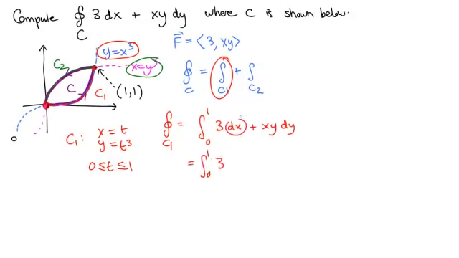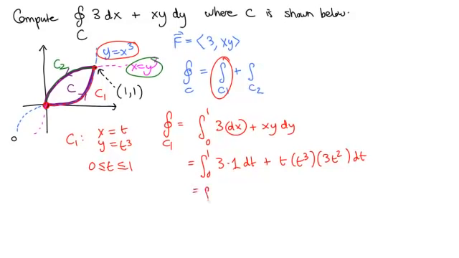What is dx? Well, dx is just going to be the derivative of x, which is 1 dt, plus x, y, times the derivative of y. Well, the derivative of y is going to be 3t squared dt.